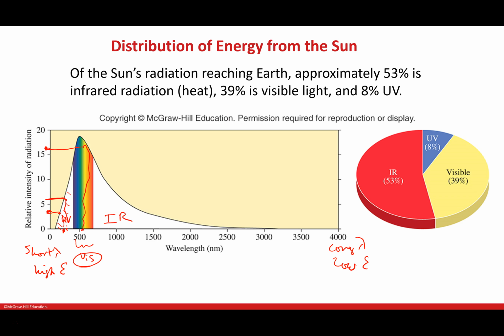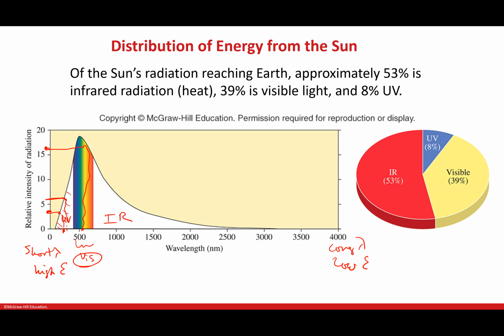On the next slide, we'll answer the your turn question. Which of these 3 sectors, UV, this area, visible, this area, or IR, this area, is in the greatest amount, the greatest area?